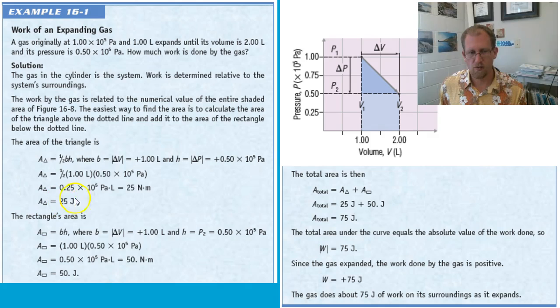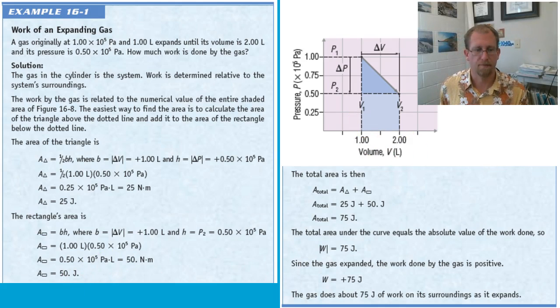So 25 joules and 50 joules, you add it up, you get 75 joules. So the area under the curve is 75 joules, and that is a very easy way to go about solving these kinds of problems, as long as you can convert the units that you've given to pascals and cubic meters.